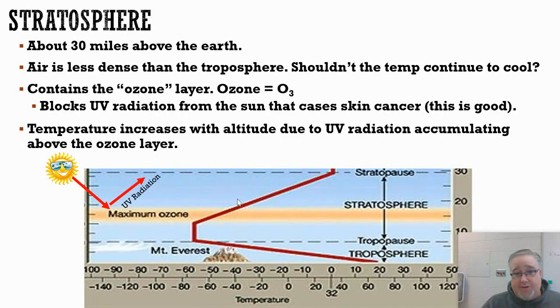I want you to understand why that occurs. Again, we would expect the temperature to drop as you go up, but it continues to rise, all because of that ultraviolet radiation found above the ozone layer. The stratosphere extends from the tropopause all the way up to the upper level called the stratopause.